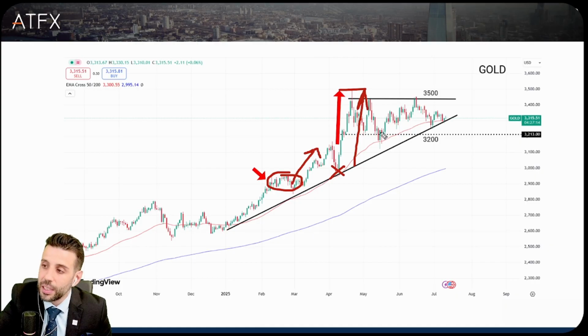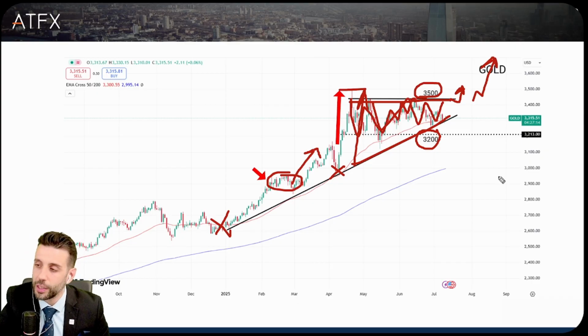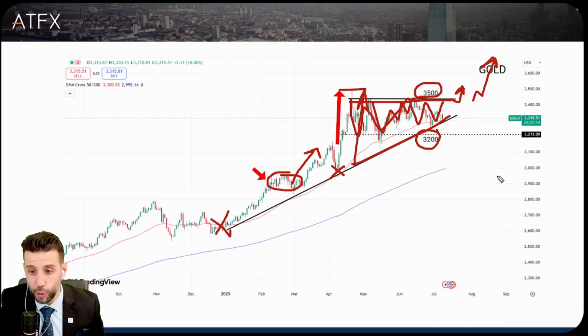And since then, with the exception of the war between Iran and Israel in the Middle East, we have seen the gold moving in a kind of lateral range between $3,200 and $3,500, which is giving us a lateral movement in the last couple of months, but also in the long term since the beginning of the year it is giving us a bullish pattern that, in the case of breaking out above 3,500, could trigger a bullish movement, a bullish trend on gold futures.